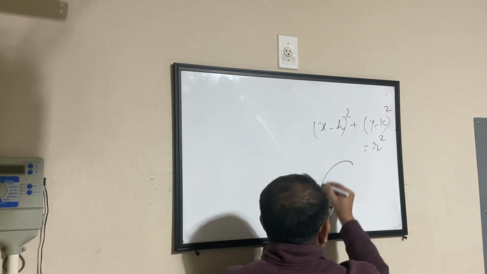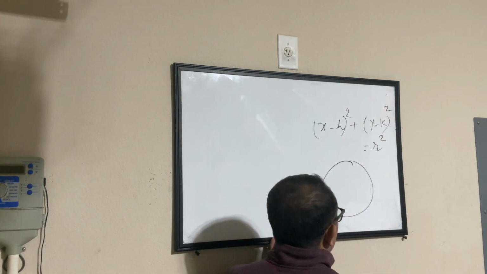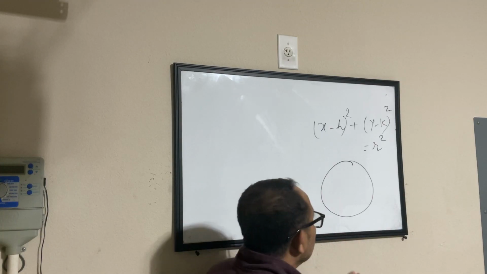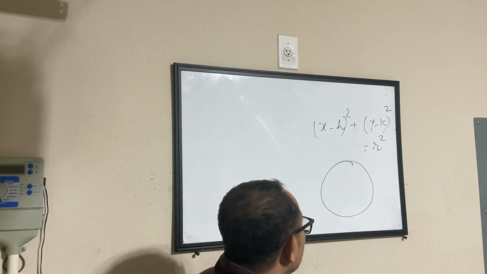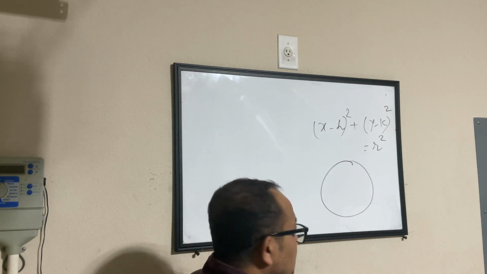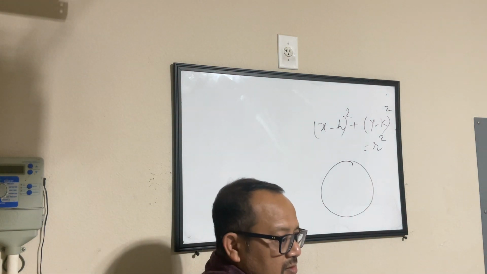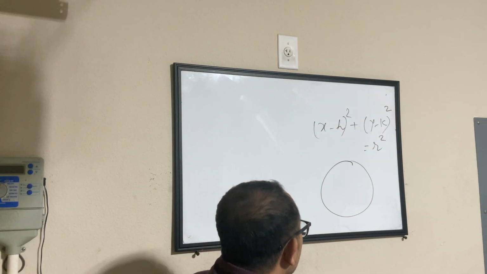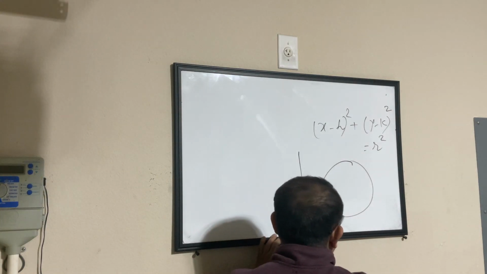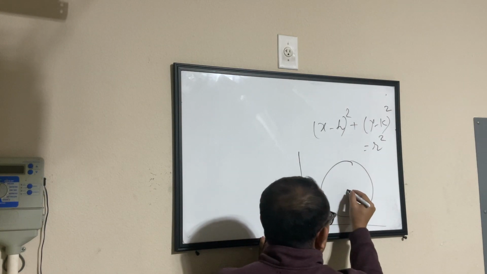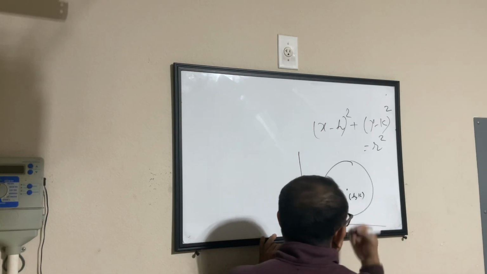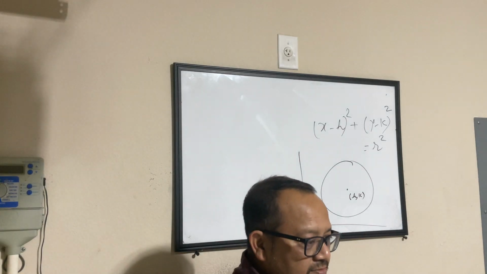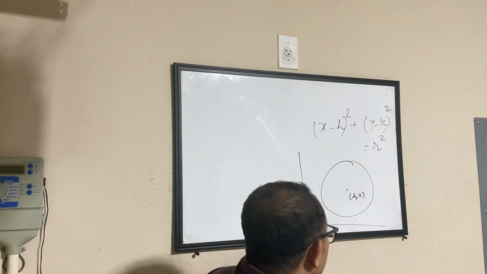And x and y are like the point it goes through, and h and k determine how, I forgot what h and k are, sir. Okay. So h and k are the coordinates of the center.